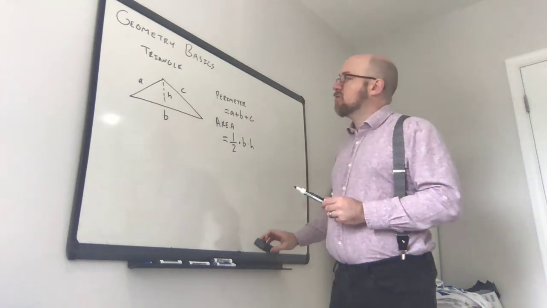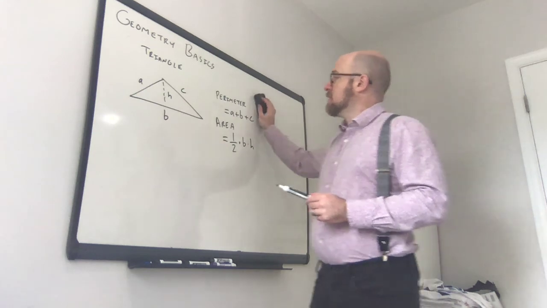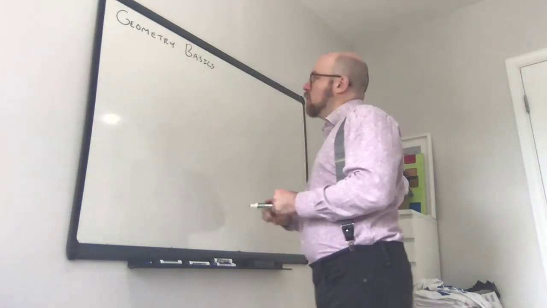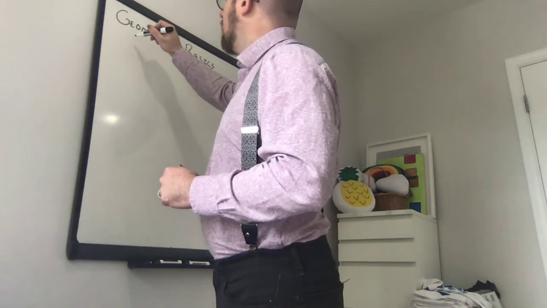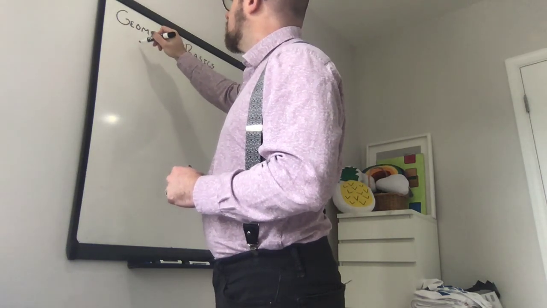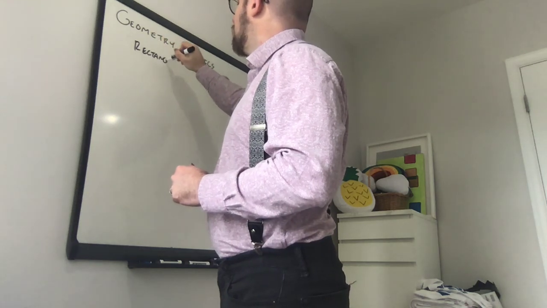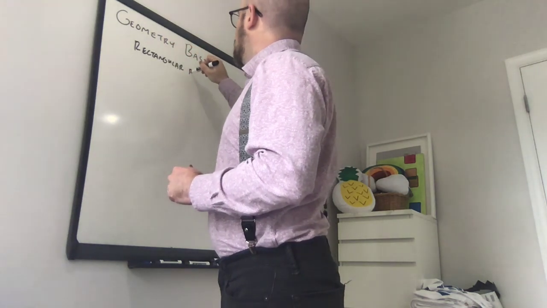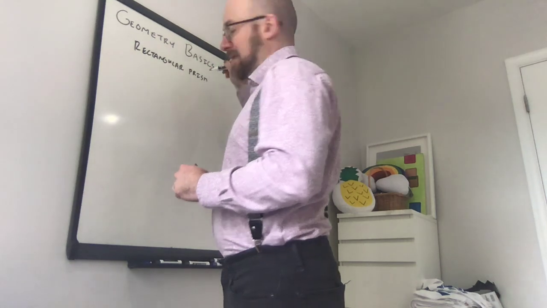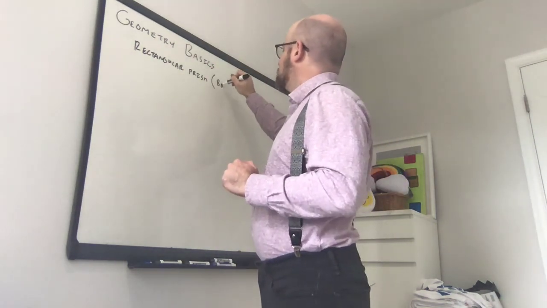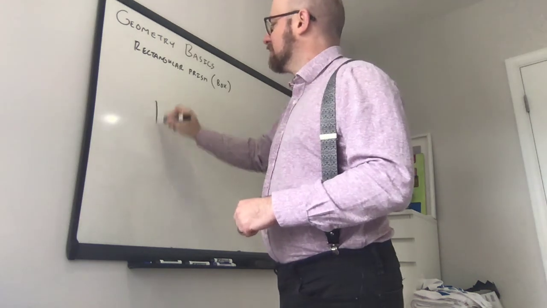Let's look now at three-dimensional shapes, which are a little bit more complicated. We're going to start off with what's called a rectangular prism, which is the mathematical term for it, but a lot of times we're just going to call it a box.